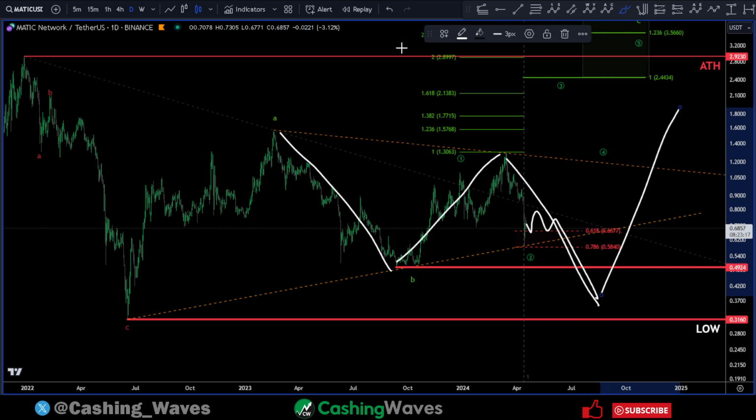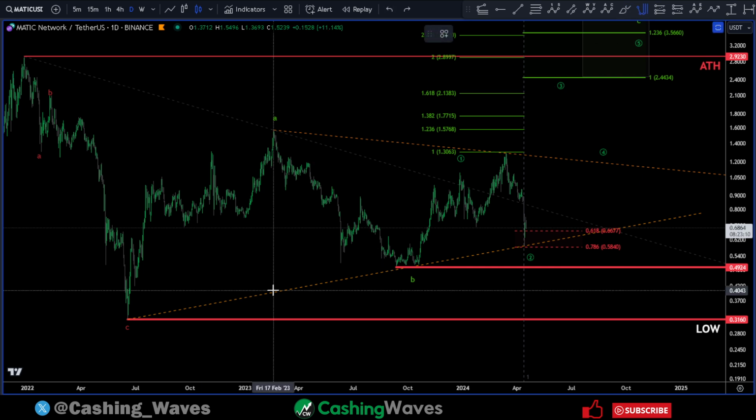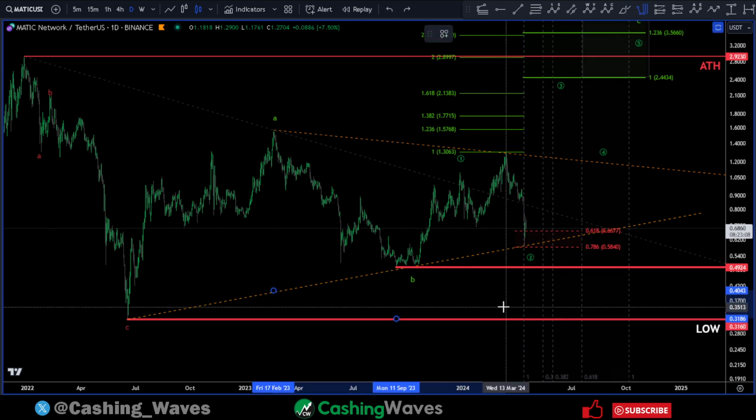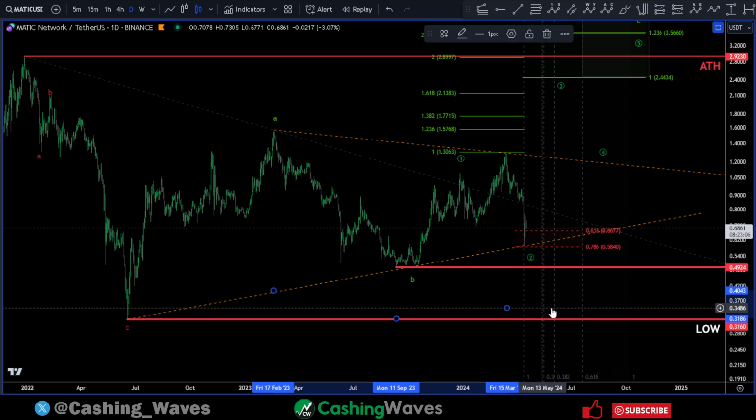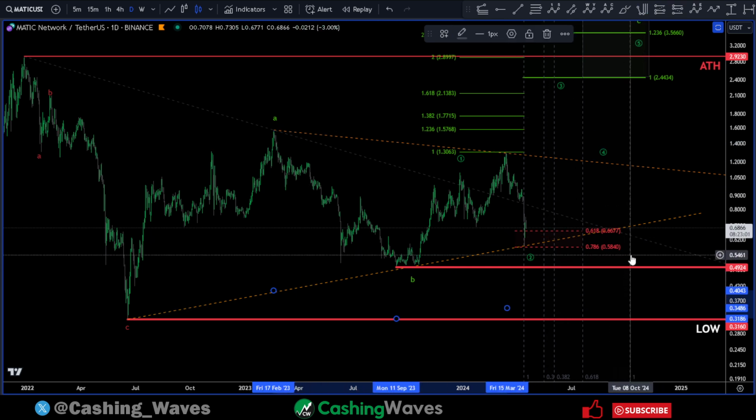That would be pretty brutal. It would take a long time to get that move, and we'd expect about a 1-to-1 in time for that C wave, and that would take us out to like October if this is the connector over here.